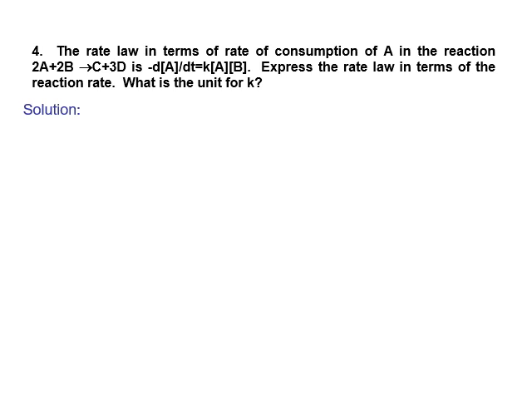In question number 4, it gives you the rate law in terms of the rate of consumption of A. It is this equation. So we know the individual rate. Instead of a number, it's an equation. It asks you to write the rate law in terms of the reaction rate.